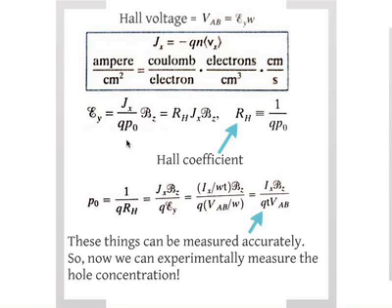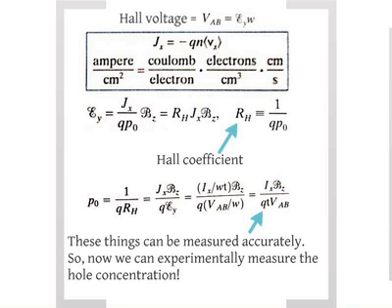It just depends on this. Now you can see why this becomes important. Remember, as I told you at the very beginning, the Hall effect is important because it allows you to measure experimentally what the carrier concentration is.